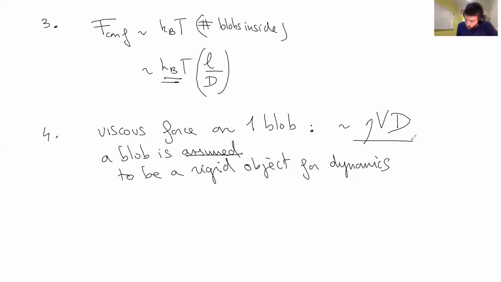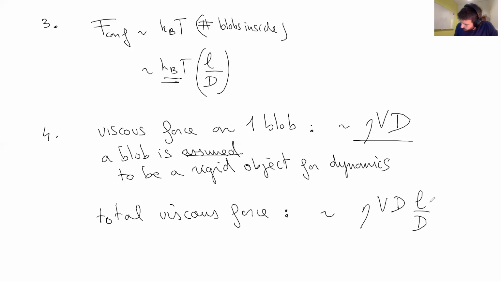Now, if I want to calculate the total viscous force, blobs are independent, also on the dynamical aspect, and therefore I have that times the number of blobs, which is L over D. I just multiply the previous force times the number of objects. So as if you had a bead assembly, like something you would put around your neck, for instance, and you put that in water and try to drag it, well, you will pay the Stokes price for any of these small beads.